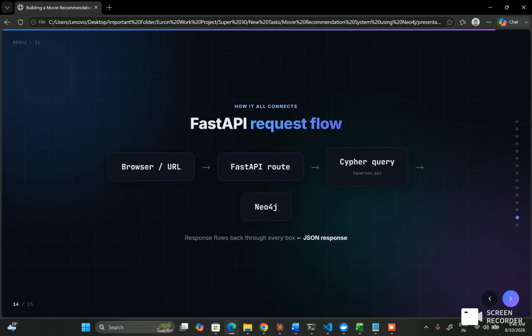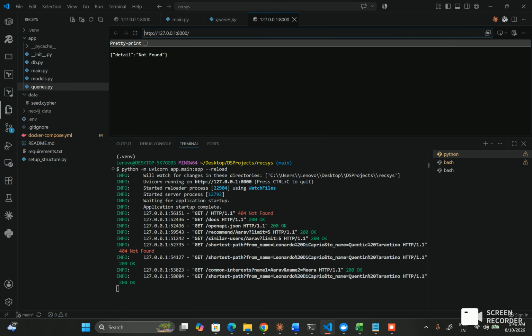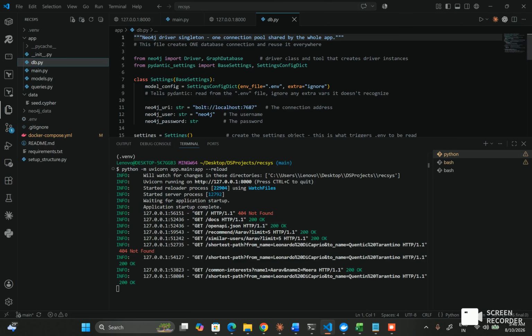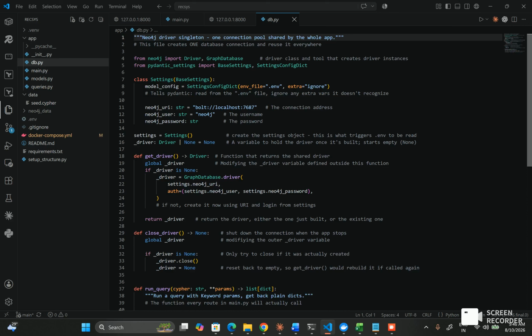See, our first stop is to understand how the app even talks to Neo4j in the first place. Okay, let's come over here and let's have a glimpse of it.